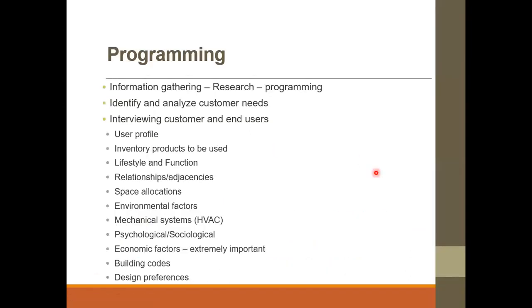Okay, this is one of the lists of what programming is actually going to include, and then we will see an example of a residential house list of requirements, we can say, or a building program.